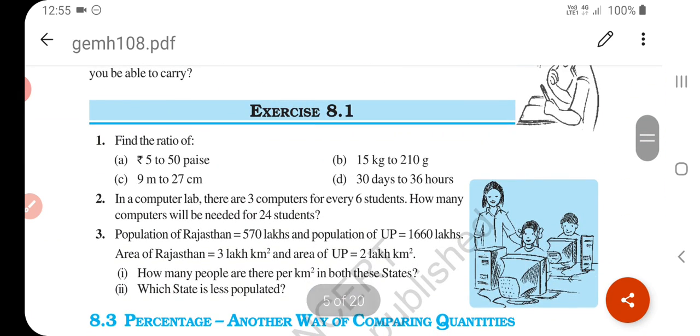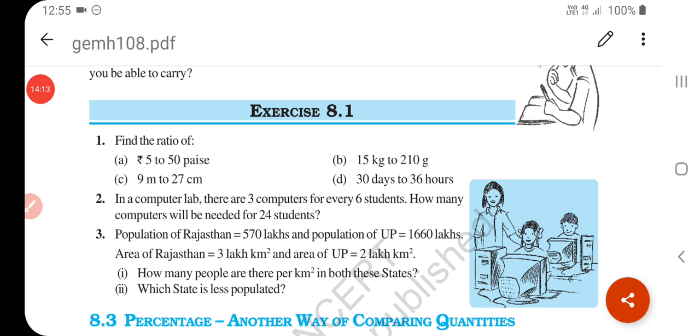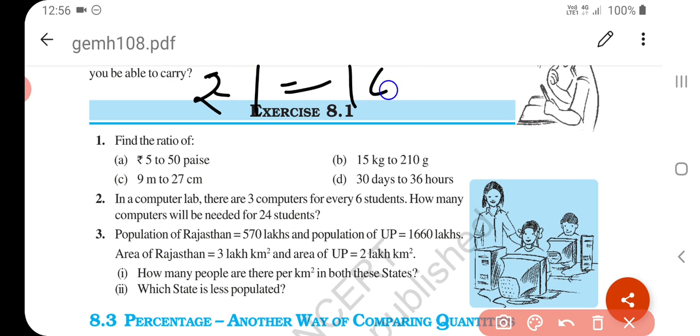And let's do exercise 8.1. Find the ratio of ₹5 to 50 paise. Okay, so 5 rupees, you have to convert rupees into paise. First you have to convert rupees into paise, means 1 rupee is equal to 100 paise.